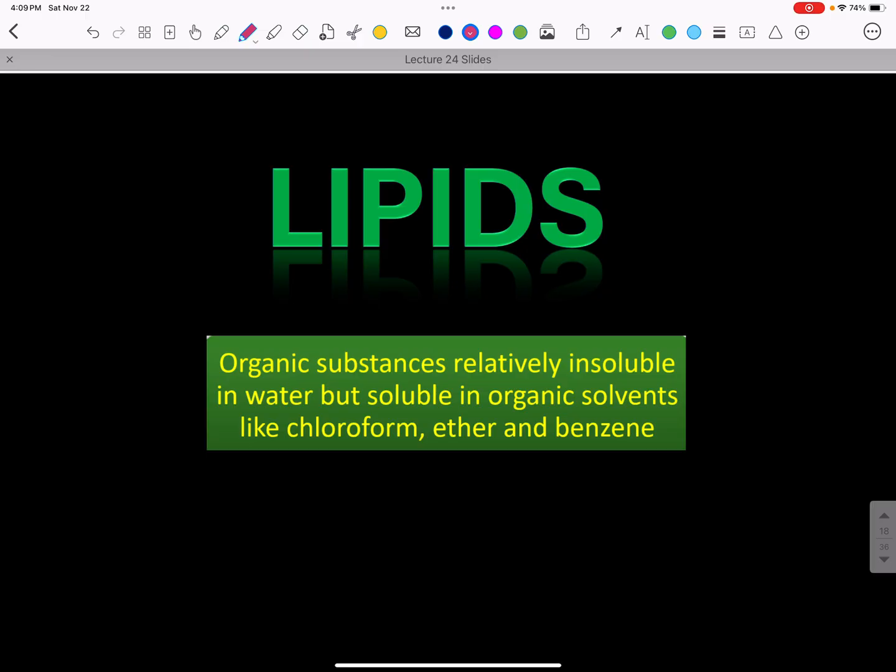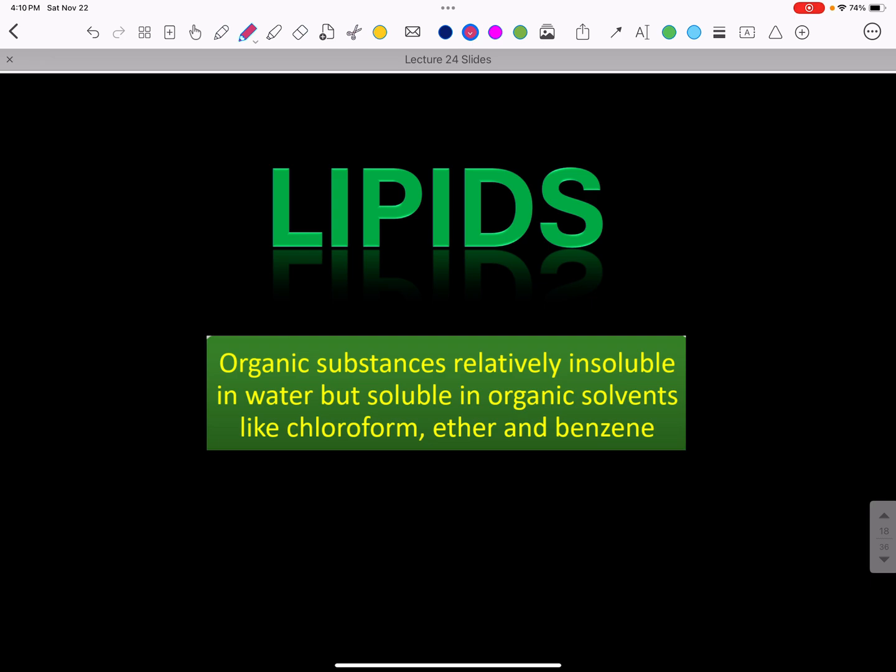But in case of lipids, the types of monomers can change. It's not necessarily exactly one type of monomer, but nonetheless, they do have polymerization very similar, and that's why these are also classified as biopolymers.